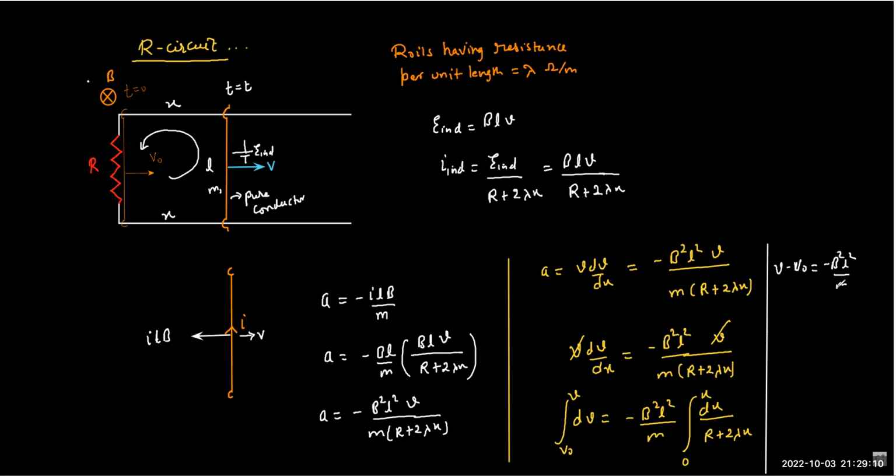So in an integration we divide with the coefficient of X. So the final answer will be V equals to V naught minus B square L square by 2 lambda M into ln R plus 2 lambda X.